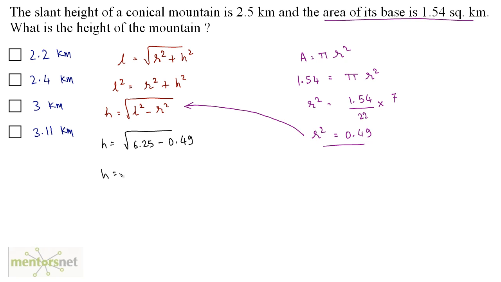So H is equal to under root of 6.25 minus 0.49, and 6.25 minus 0.49 is equal to 5.76. Now we have to take the under root of 5.76, and if you calculate that, you will get the value as 2.4. So the height of this conical mountain is 2.4 kilometers. So option B is the correct answer.